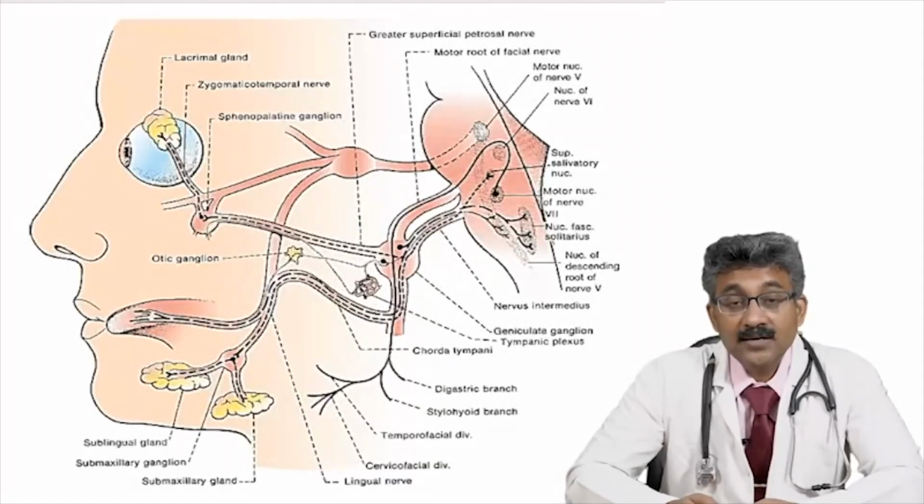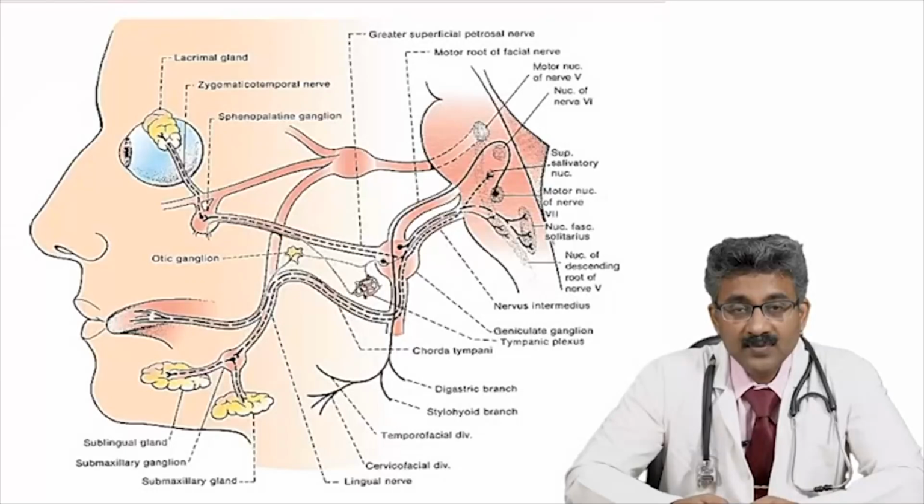Now, what is a dissociation of the facial nerve palsy? See, this dissociation of the facial nerve palsy you get only in an upper motor neuron facial nerve palsy. The facial nerve nuclei in the brainstem have connection from the precentral cortex, and they have connection from the frontal lobe.